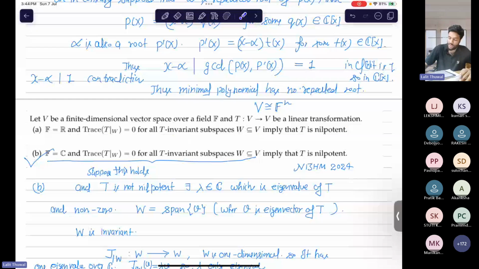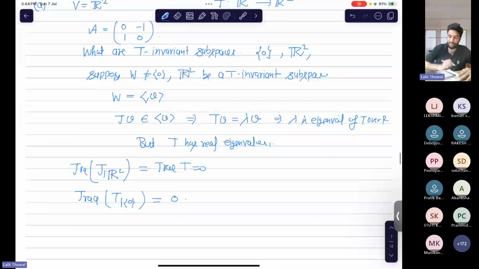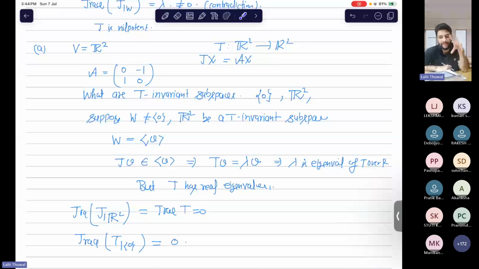So this is false. So what I told you is how to think about such examples. First try to take the dimension as small as possible. So I have taken the dimension to be 2. What I think is that I try to create an example which has no one-dimensional invariant subspaces, which means a transformation which has no real eigenvalues, no eigenvalues in R. If it has no eigenvalues, then it does not have one-dimensional invariant subspaces.